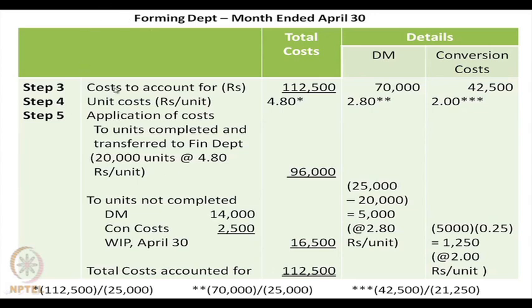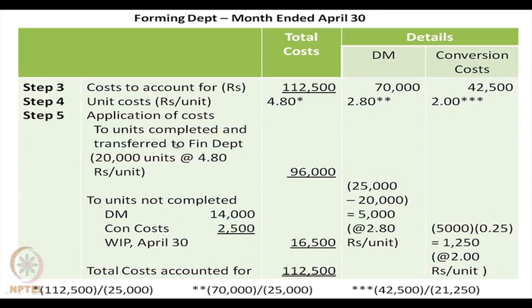So, this is the cost to account for, and this step 4 is to find out the unit cost by considering the equivalent units. Now, we apply the costs. Finally, to apply the costs, there are two items. One, units that are completed and transferred to the finishing department, and the other is units not completed that remain with the forming department.